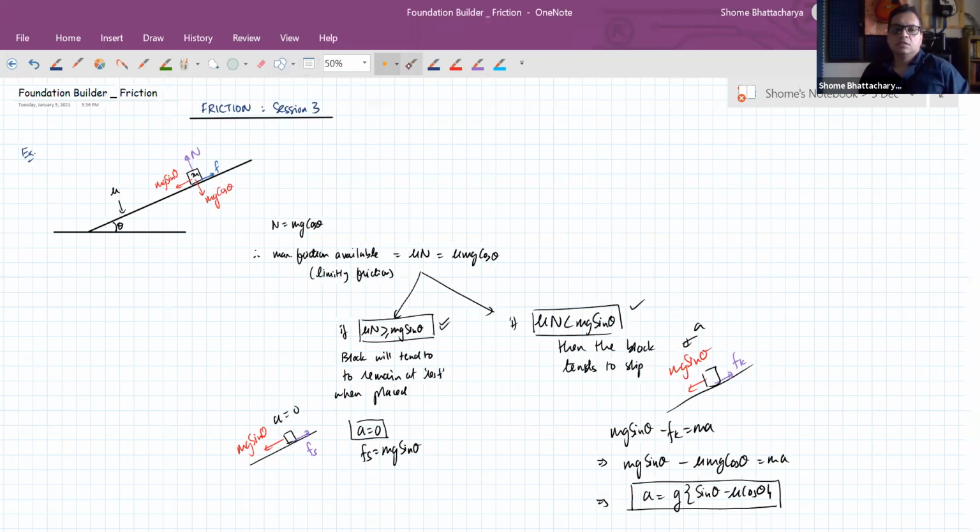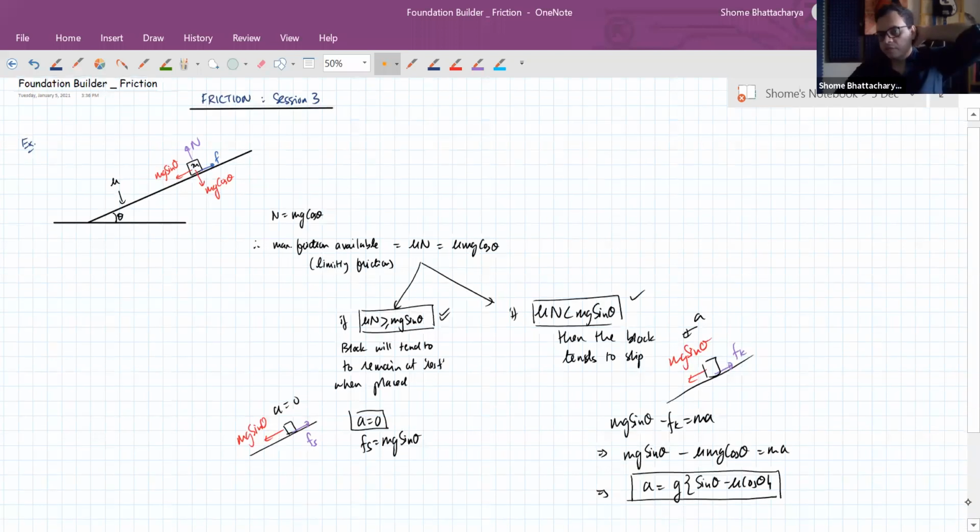So just do a review of this concept. It's part of what we discussed last time. Then we'll look at a few questions based on this. If you have any doubt in the free body diagram or the equations we have written, please discuss with me. I will explain to you again. In these free body diagrams, I'm not showing mg cos theta and normal reaction.